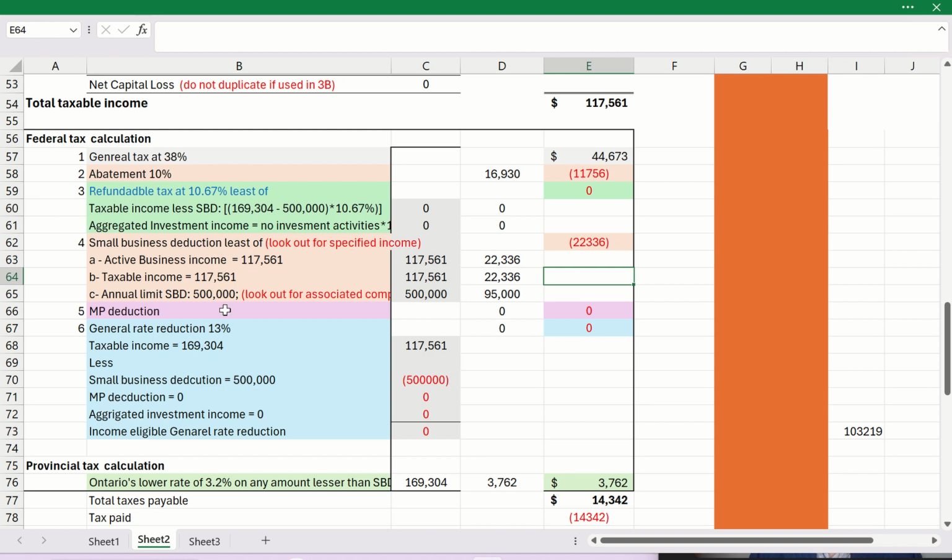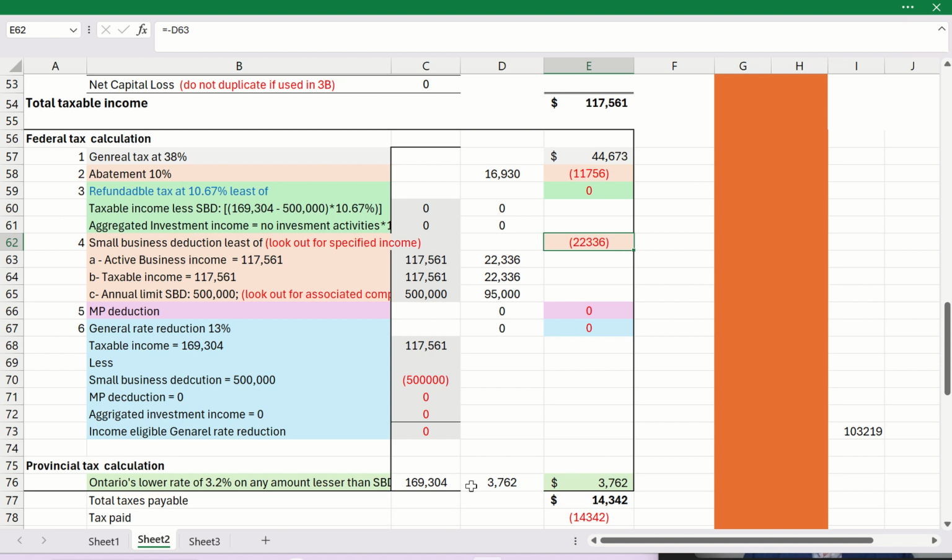The small business deduction limit is 500,000, and since the taxable income is $117,561, you need to apply 19% on this $117,561. That is the amount he is entitled to claim as his small business deduction.